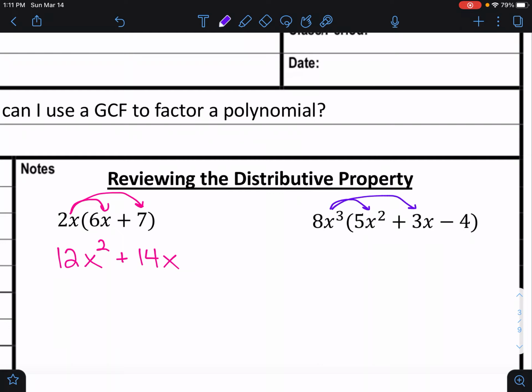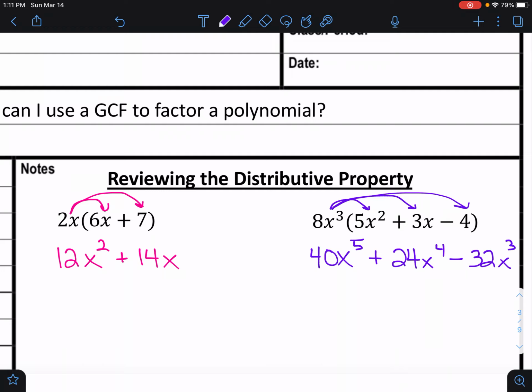I have another term here, but I would distribute the 8x to the third to all three of those terms, and I would get 40x to the fifth plus 24x to the fourth minus 32x to the third. Okay, so that's distributive property, generally speaking.